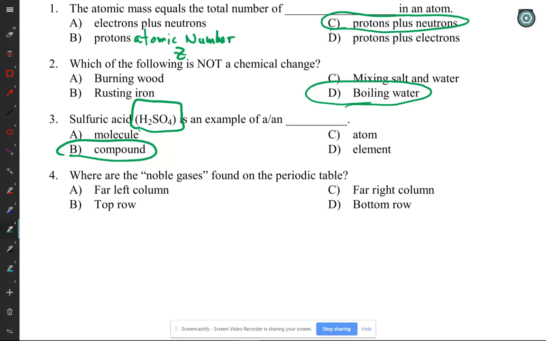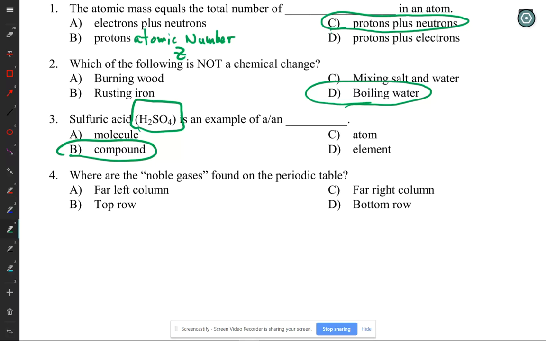So why does it qualify as both? Because a molecule is atoms that are bound together as one unit. And since sulfuric acid, H2SO4, is bound together as one unit, it's a molecule. If it was 2 H2SO4, then it'd be 2 molecules, so the singular would make it incorrect.